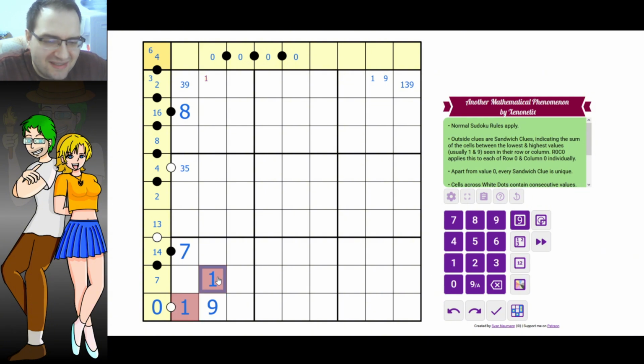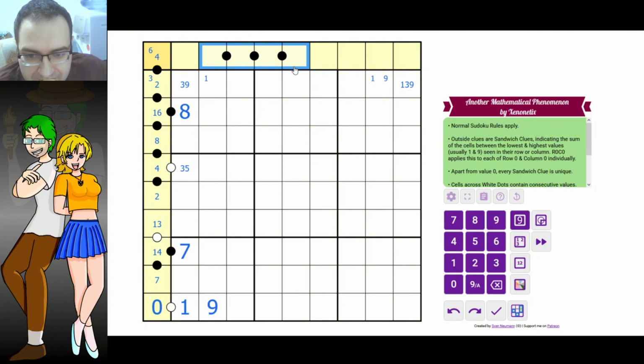Because if the 1 is here, we already have a sum. So these two are equal to this one, so it's not 0. So for this to be 0, these both have to be 1, which breaks. Ooh, I did not want to delete that one, but okay, it's not 0. That's good. None of these is a 1 because we established 1 cannot be a sandwich clue. 2, we have a 2 already.